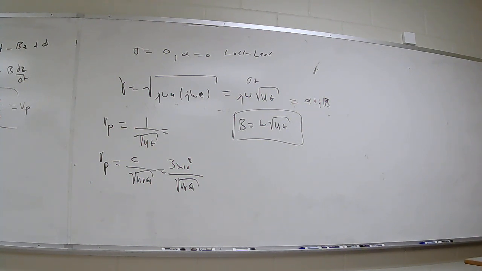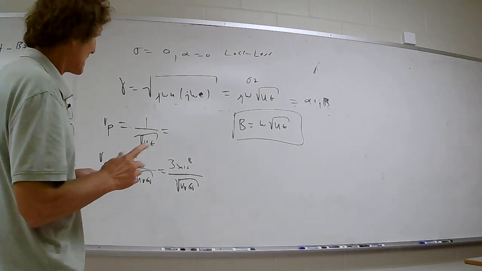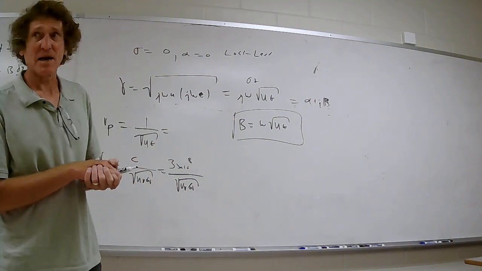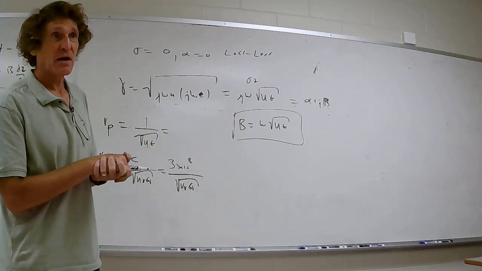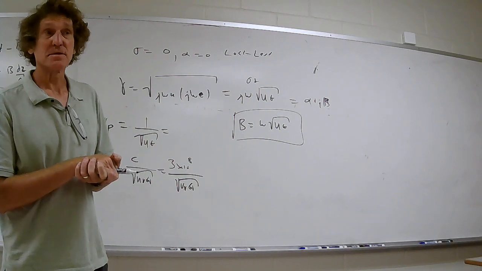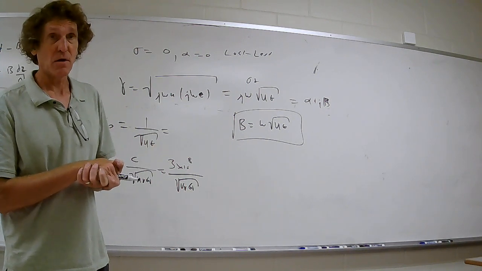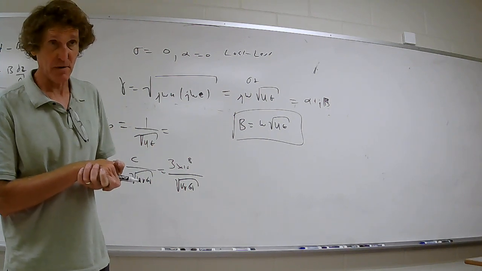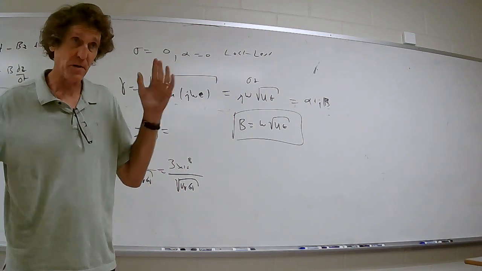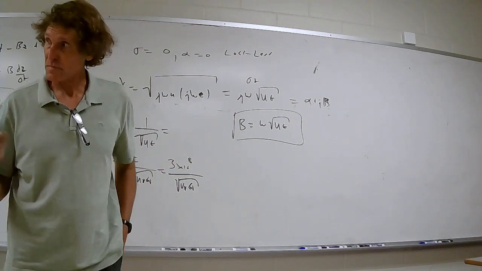But don't worry about that. That's way beyond the scope of this class. Just realize that most of the time, when we talk about propagating phenomena in our little world, mu relative is not going to be anything but 1. You all with me? Water is a very lossy material, but okay.